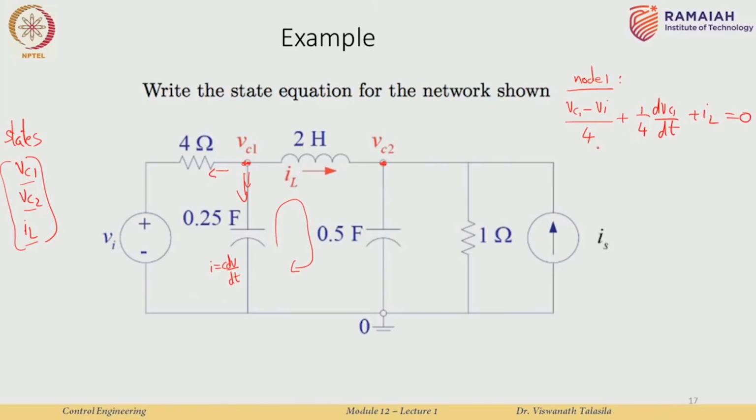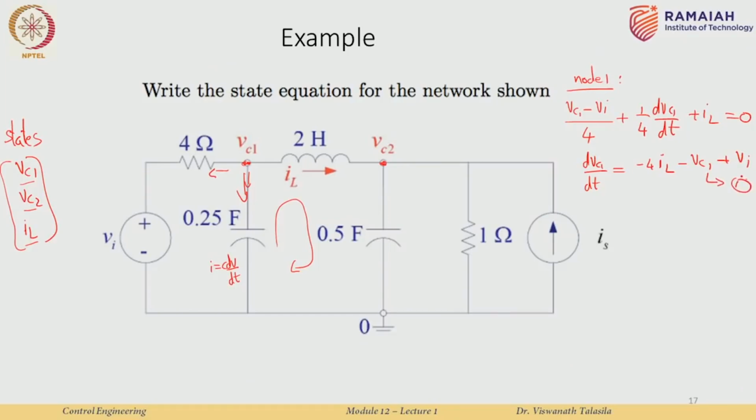So, if I rewrite this expression, I will actually get dVc1 by dt is nothing but minus 4 IL, that is a term on the right hand side, minus Vc1 plus V input, alright. So, this is equation number 1.